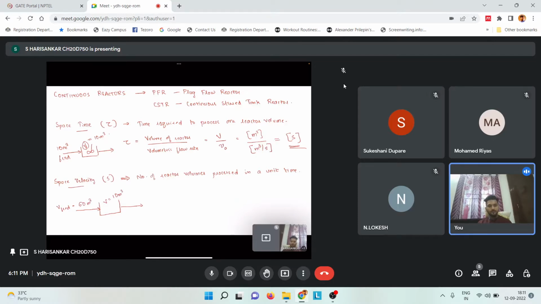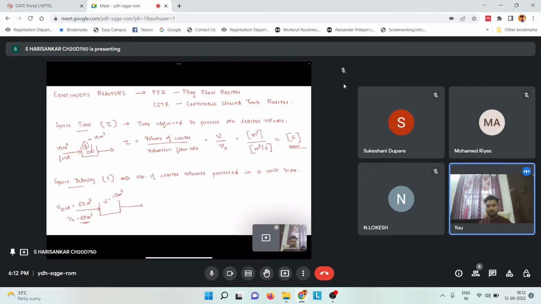Space velocity means the number of reactor volumes processed in a unit time. Here the volume of feed is 5 times the volume of the reactor. Let's say per second this reactor is being fed 50 meter cube. That means 5 times the reactor volume is being processed by this reactor in a unit time. So that is represented as space velocity.